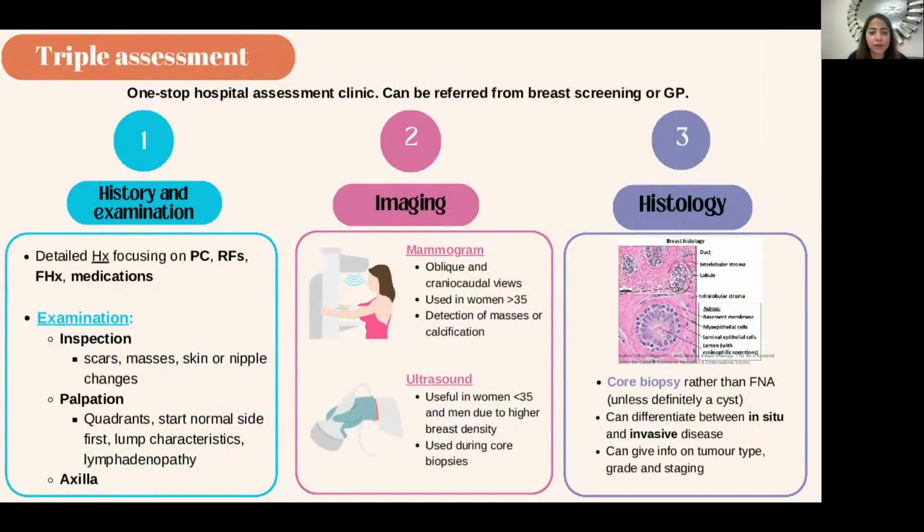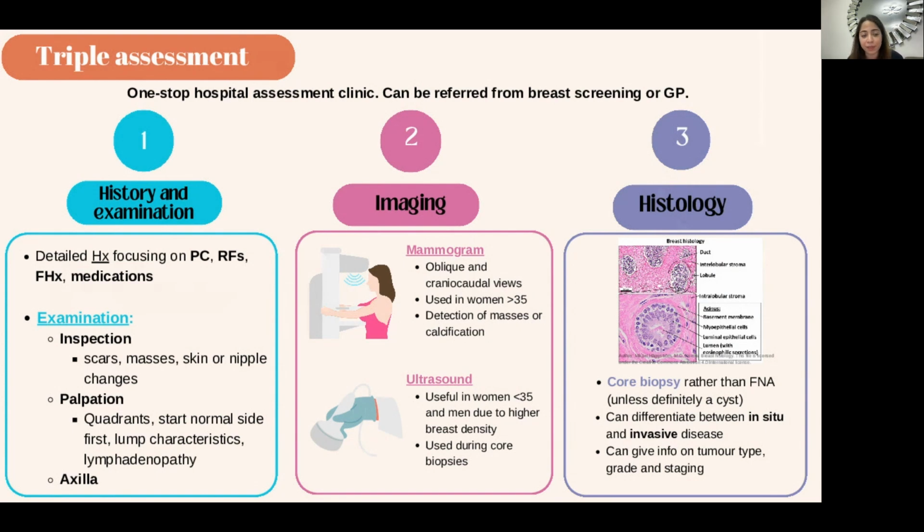So going on to, once you see these patients, the triple assessment. It's essentially a one-stop clinic where the breast consultants will do a thorough history and examination, covering all the risk factors, any medications or anything in their history that could put them at risk of breast cancers, or if they're thinking of a benign condition, then obviously that could be it as well.